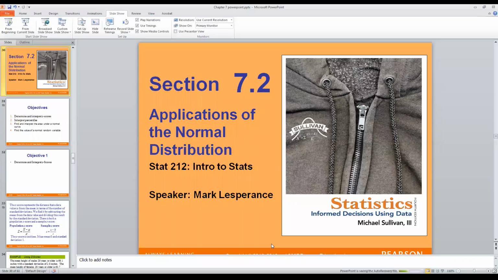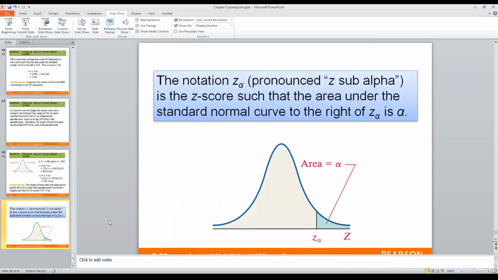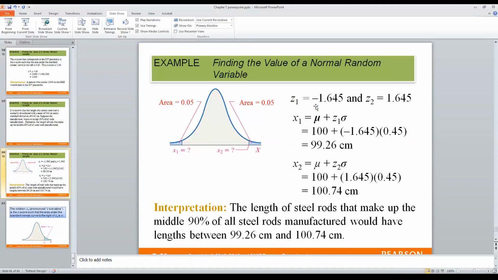So for example, on our last slide, 5% of the area lies above this point, so this 1.645 is actually Z sub 0.05, right?